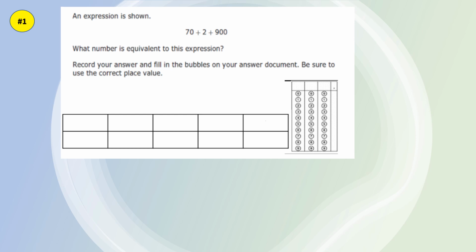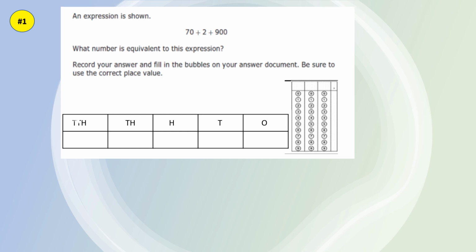First, we're going to label our ones place with an O for ones. Then we're going to label our tens place with a T for tens. We'll label our hundreds place with an H for hundreds. And we'll label our thousands place with a TH for thousands.